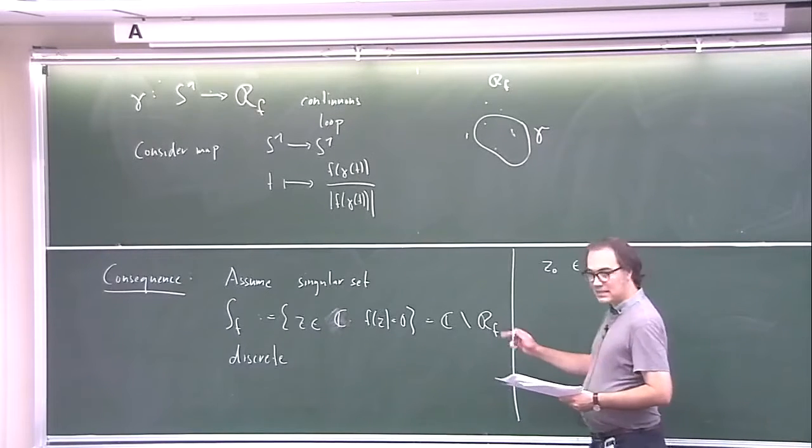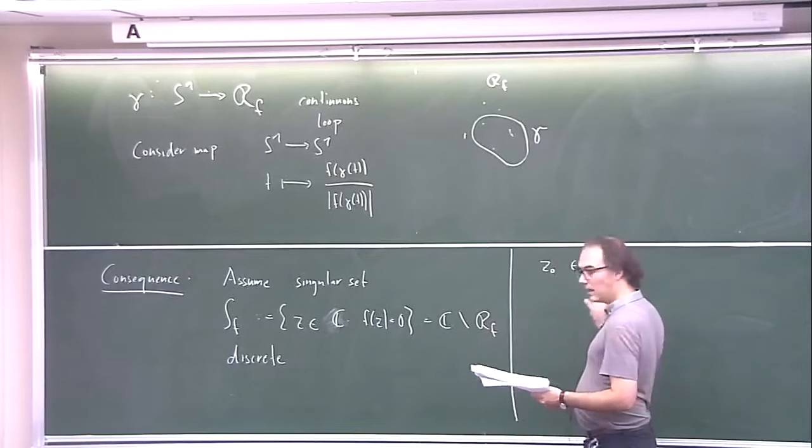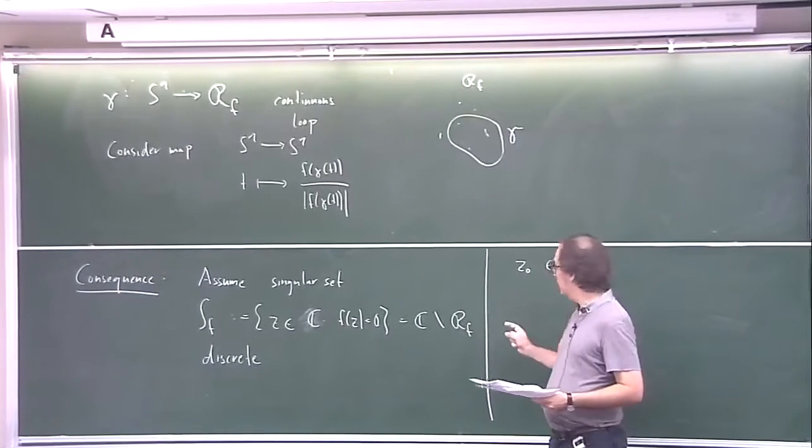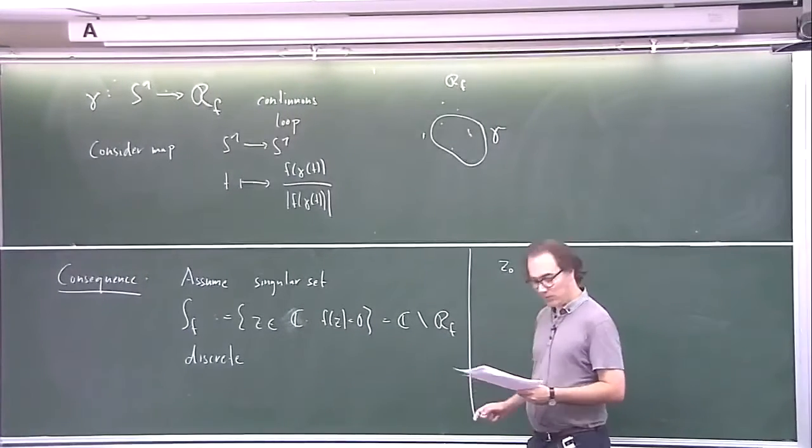So now because it's discrete, we have some small neighborhood where there are no other singular points of f.